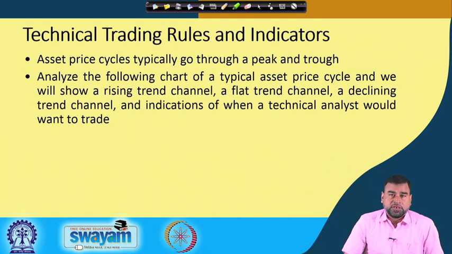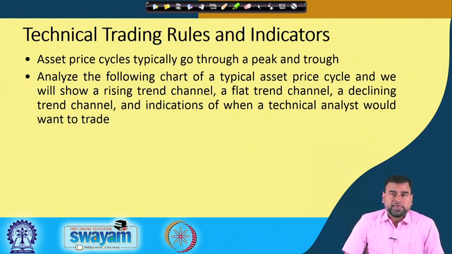Further, if anybody is interested, they can go and read, because the concept of technical analysis is quite vast, and there are more than 100 indicators available to conclude what kind of trend we are going to observe in the future, which are mostly used by technical analysts in the market.